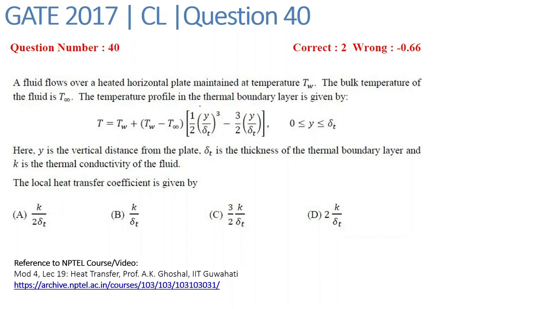The temperature profile in the thermal boundary layer is given by this equation, where y is the vertical distance from the plate, delta T is the thickness of the thermal boundary layer, and K is the thermal conductivity of the fluid. The local heat transfer coefficient is given by, so we have been given 4 options and we have been asked to select the correct option corresponding to the local heat transfer coefficient.